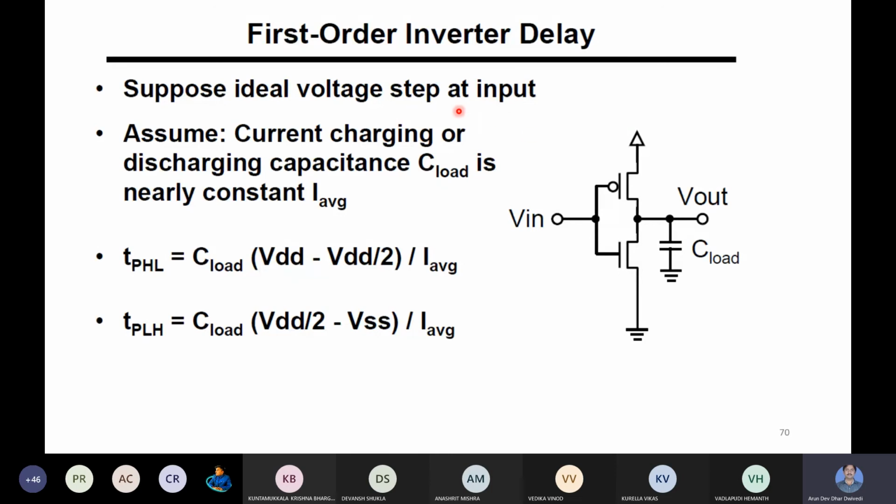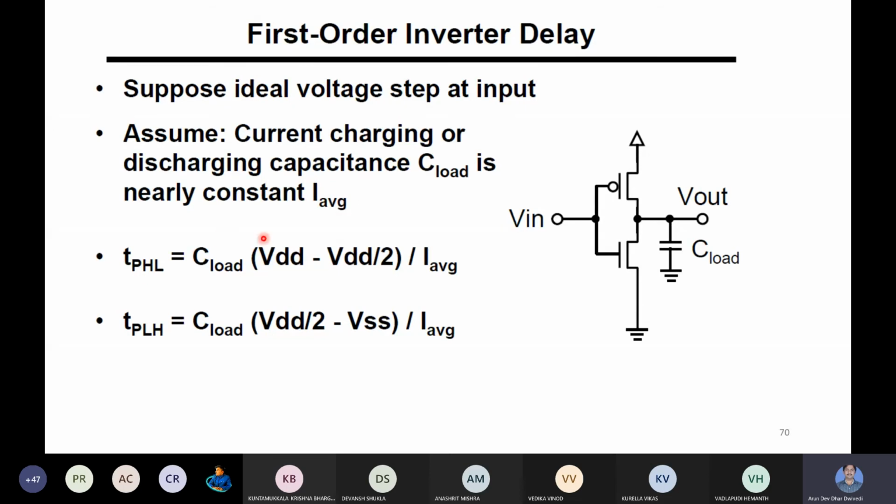Sometimes the capacitor is charging and sometimes discharging, when the transistor is working. Let us also consider that the charging current of C load is nearly its average value, almost constant, I average.